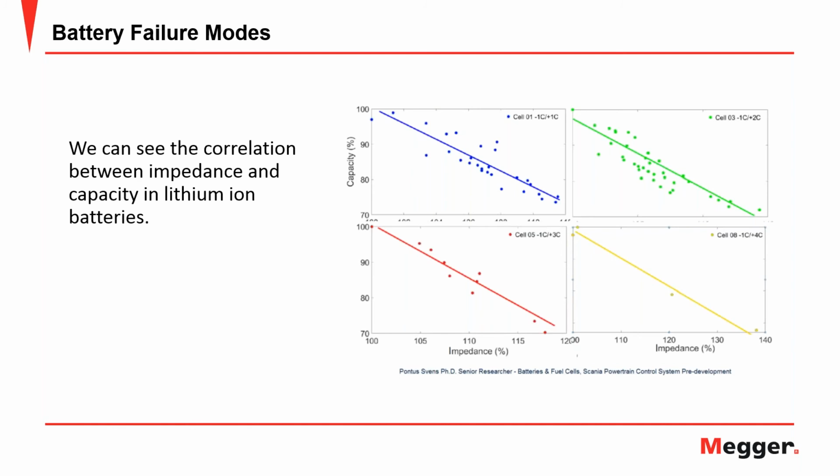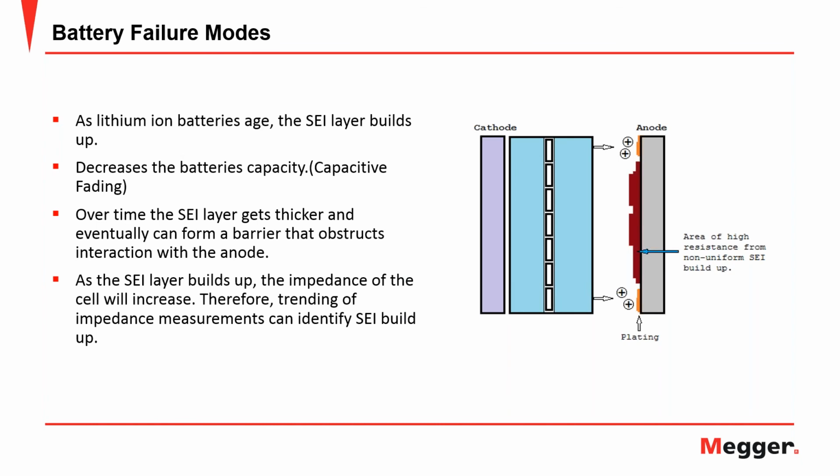Another thing that can happen with lithium-ion is plating. Plating will occur if you're charging at too rapid a rate. When they charge, lithium ions have to intercalate into the plate, and they can only do this at a maximum rate. If you exceed that rate, the lithium will start plating up, creating dendrites.